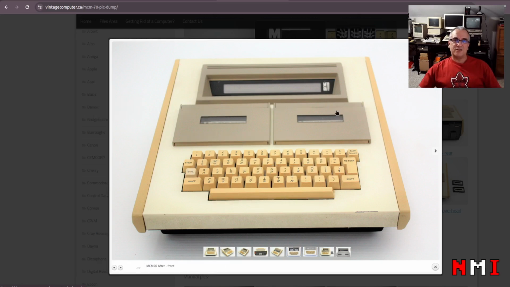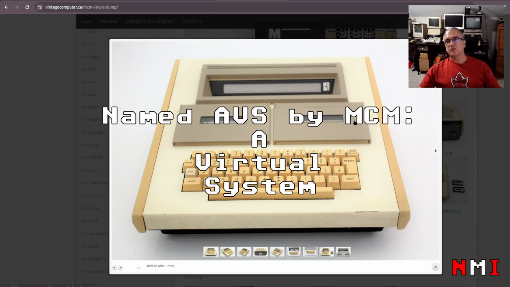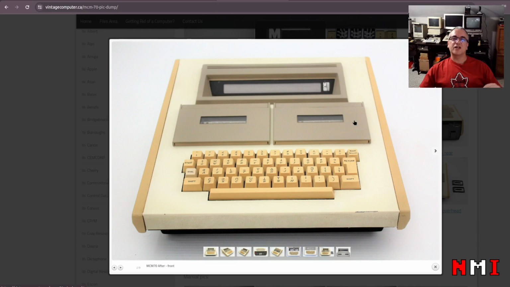But one very interesting feature of these cassettes is that they also work as virtual memory. So not only do they store data in a non-volatile way, but they are an extension of the RAM.